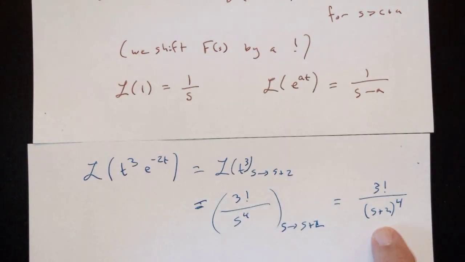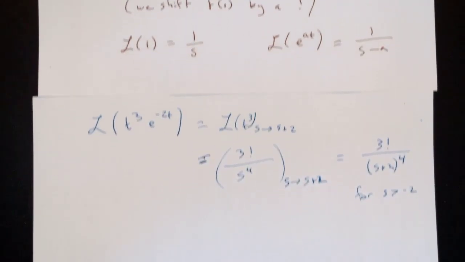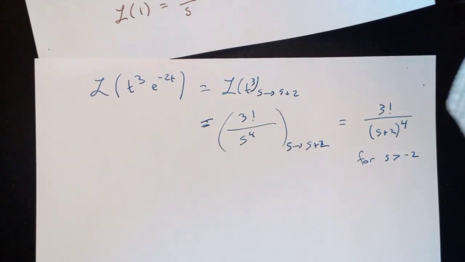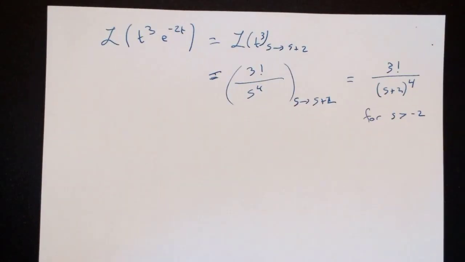Which means this is only good for s bigger than -2. The reason that limitation comes up in the s is because when we did the integral from 0 to infinity, we're really pinning our fact on the idea that e to the 0 is a known quantity.